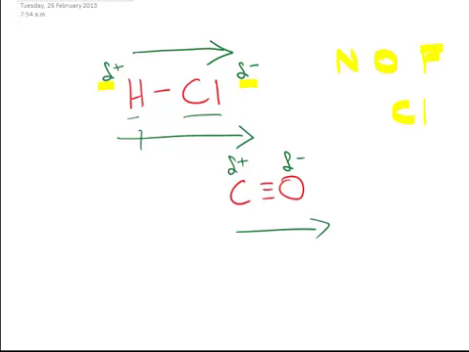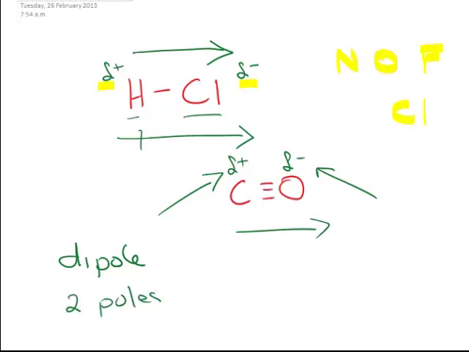Now, because we have a slight positive and a slight negative, that has a term, it's called a dipole. All that means is that we have two poles, a positive and a negative. This is not an ionic charge. They have not gained or lost electrons. This is just a slight negative and a slight positive.